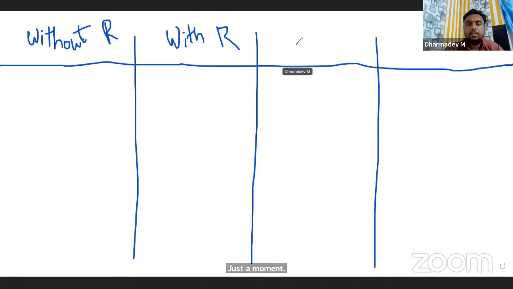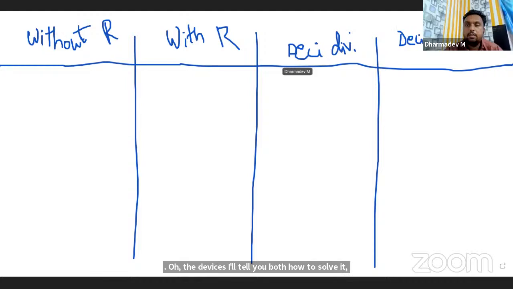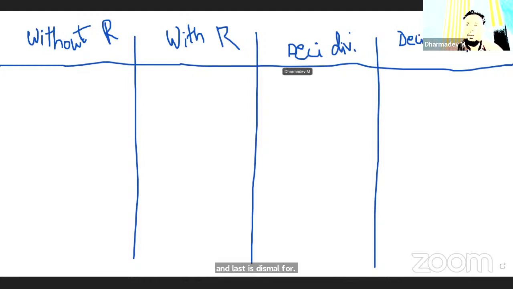And this is a decimal dividend or divisor. We'll tell you for both how to solve it. And last is a decimal divisor and dividend. Okay, here divisor or dividend.